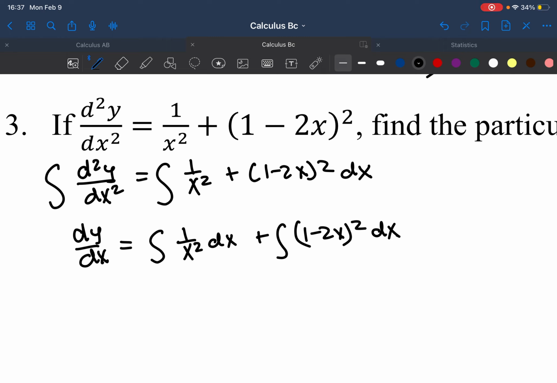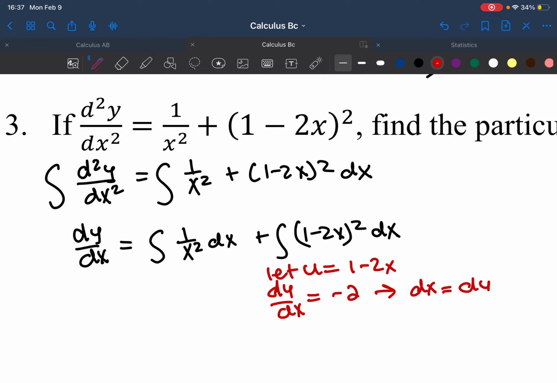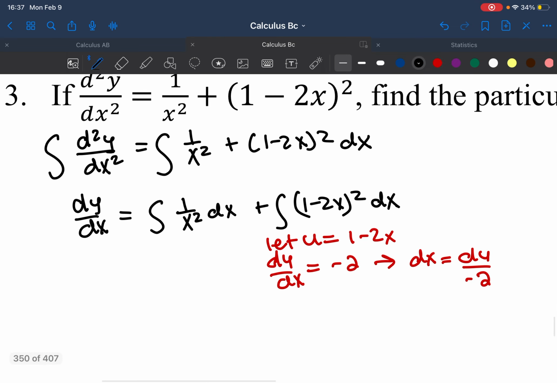I'm going to use u substitution on that second integral. So I say let u equal 1 minus 2x. So du/dx is equal to -2, which means dx is equal to du divided by -2. So I'm going to end up taking out a -1/2. And then I can also write this as x to the -2.